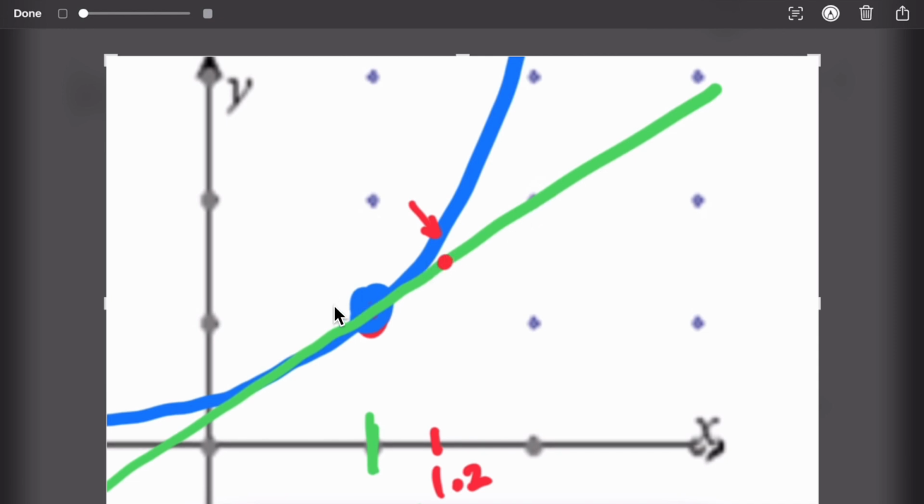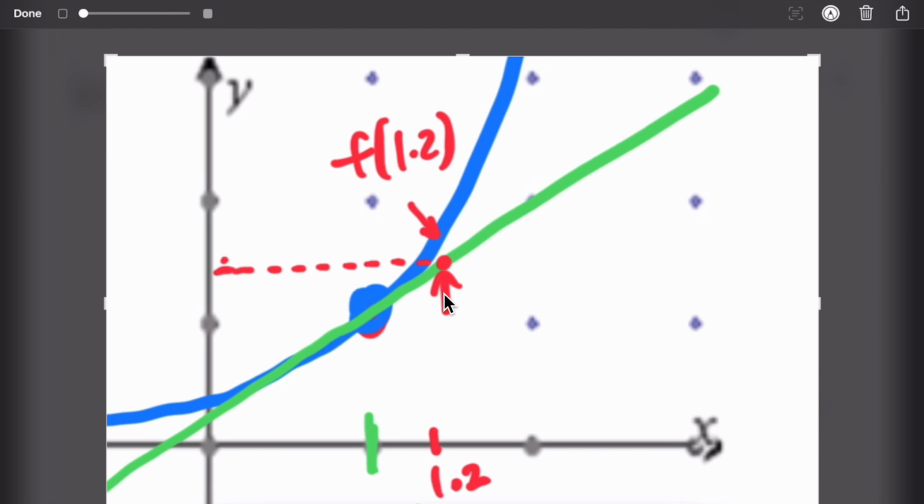So this tangent line provides an approximation, a linear approximation. This would be f of 1.2 if you're actually on the blue curve, but this is the value here if you use the tangent line. Here's the value if you actually use the curve, and what we're saying is that those 2 points are close enough.